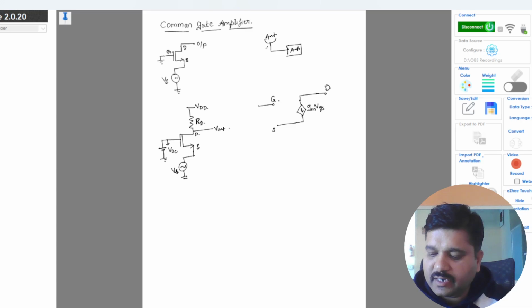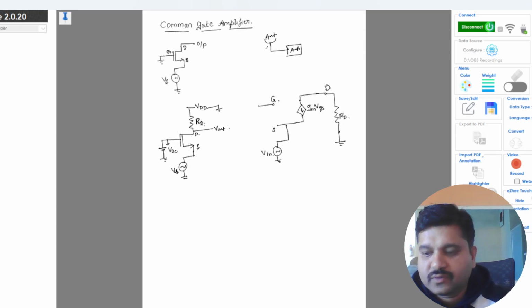Now the input is given to the source terminal, so this is the input signal you are giving, and RD is connected from drain to VDD. VDD is connected to ground for the AC analysis. This will be the small signal model, and the gate terminal is connected to ground. So this is the small signal model for the common gate amplifier.